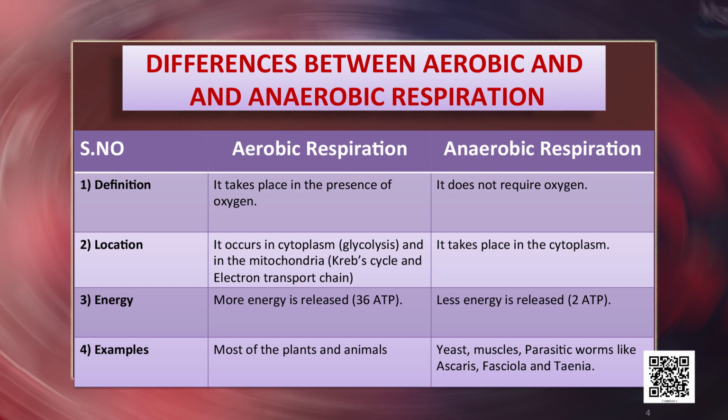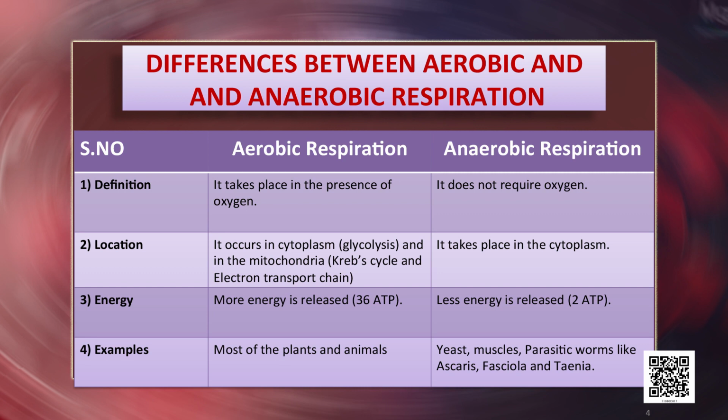In case of aerobic respiration, the food is completely oxidized and more energy is released, that is 36 ATP molecules are formed. In case of anaerobic respiration, as the food is not completely oxidized, less energy is released, that is only 2 ATP molecules are formed.